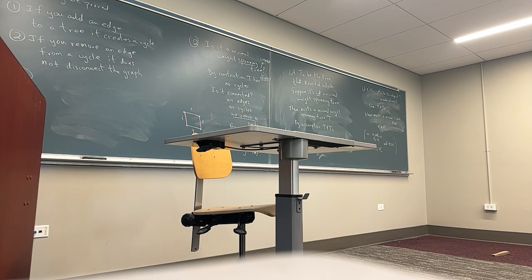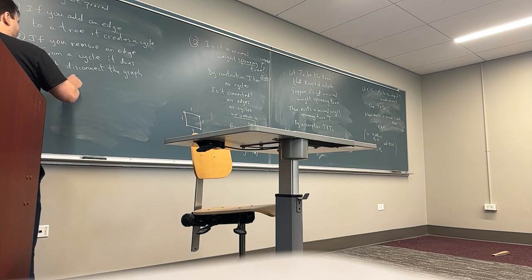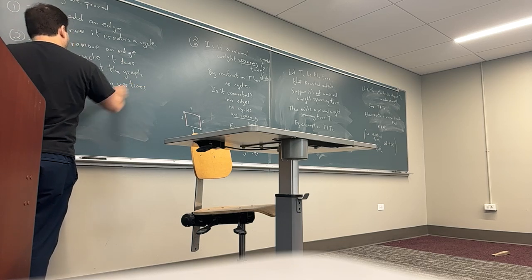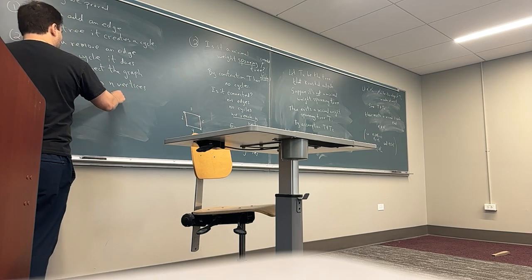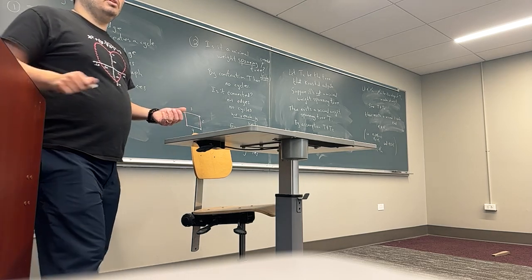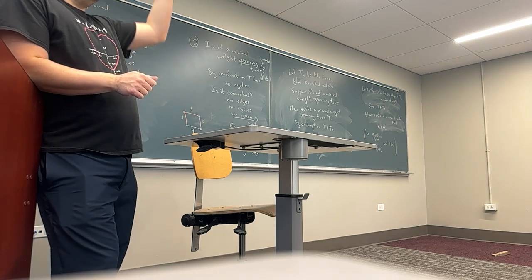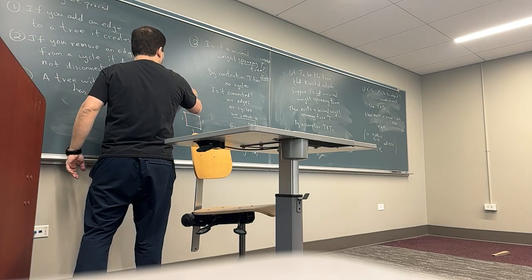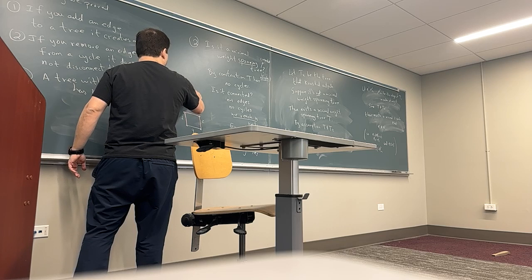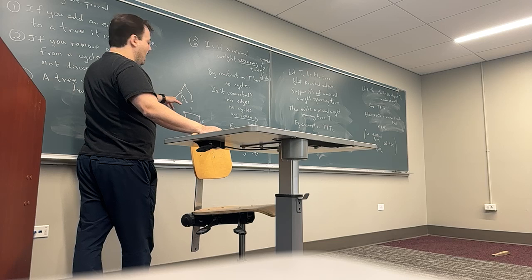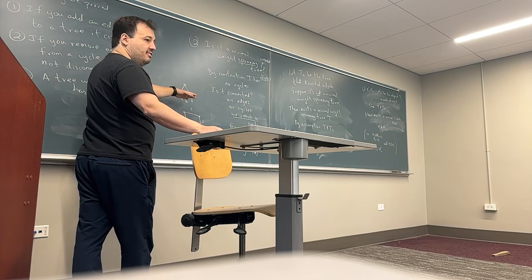Another statement we didn't prove is that a tree with n vertices has n minus 1 edges. We didn't prove this one, but it's pretty intuitive. If you think of a tree, each element has a parent, unless they're a leaf, right?